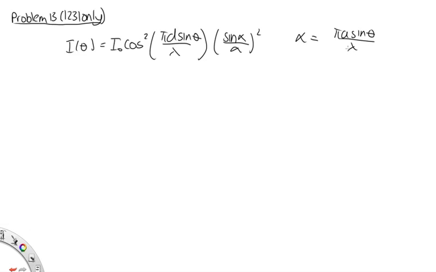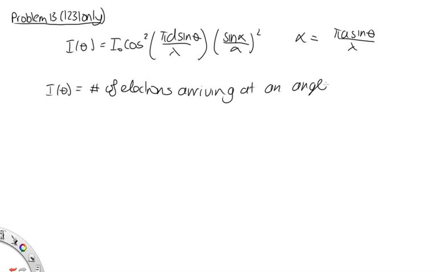And we're told in the Young's experiment with electrons, a total of n electrons are detected on the screen behind the two slits. How do you interpret I theta for electrons? Well, I theta is equal to the number of electrons arriving at an angle theta on the screen.